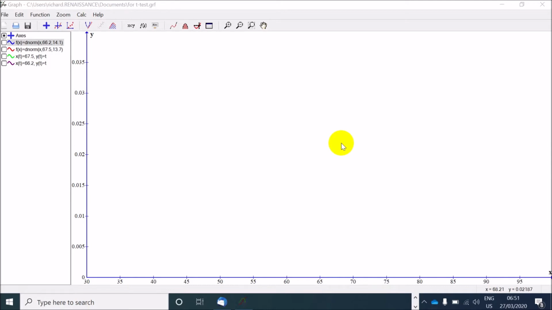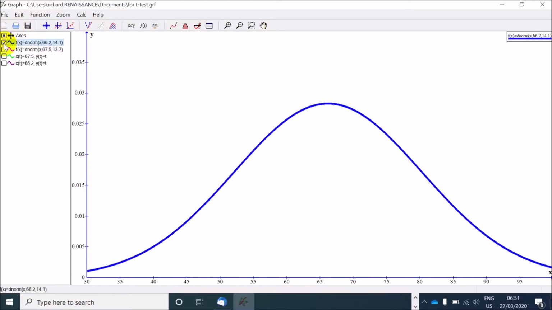Let's go back to what we did already. You looked at a normal distribution like this. This one has a mean of 66.2 and a standard deviation of 14.1.